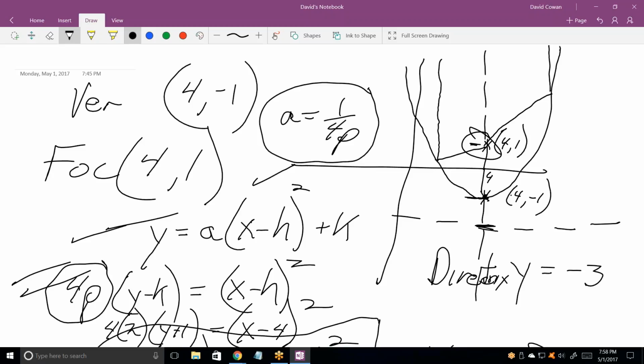So this reflective property of parabolas, which they never tell you about when they're just talking quadratics, only comes up when you start dealing with parabolas as conic sections. Even though they're no different, a parabola is a parabola. It's a quadratic. It's just that there is this interesting property that parabolas have, ellipses have, and hyperbolas have.